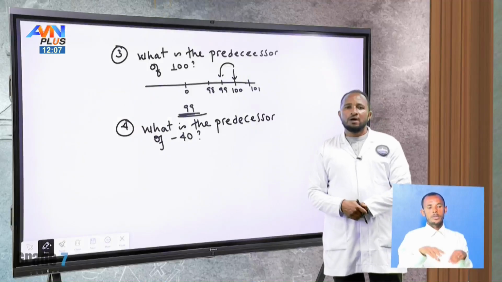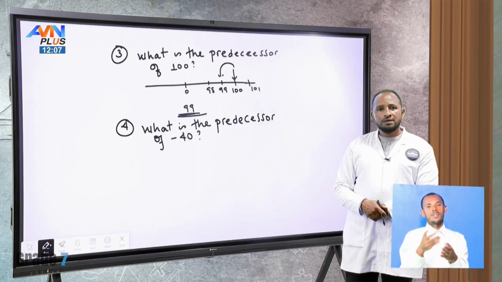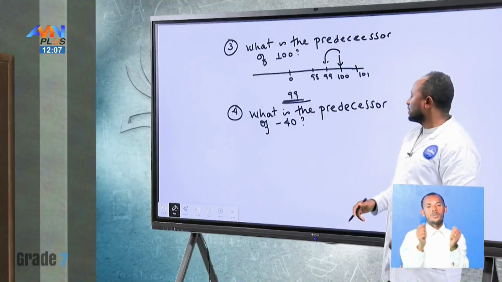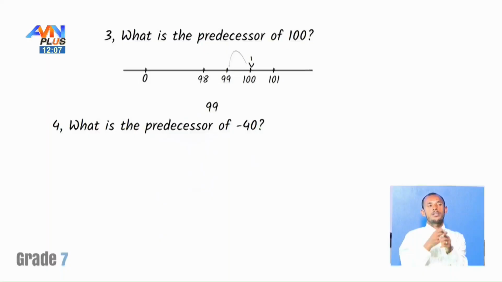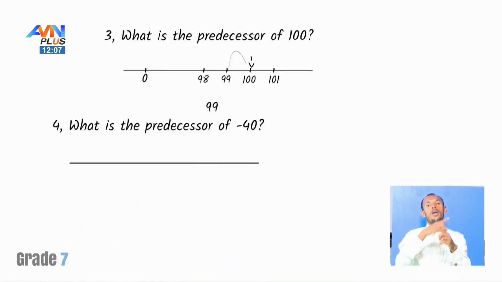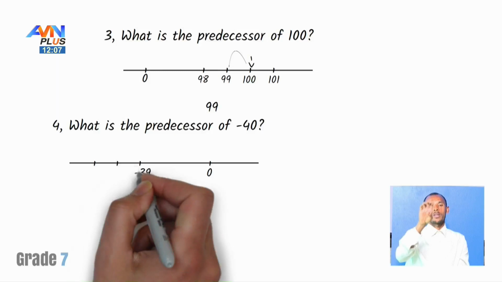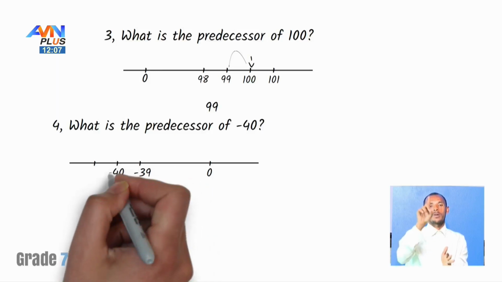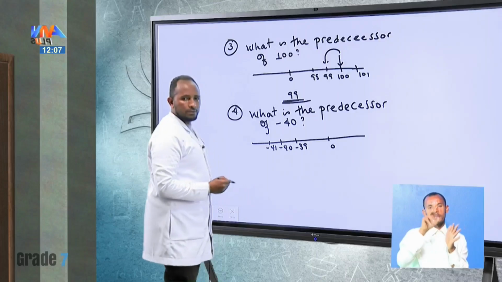Students, have you tried the question? Good. Let's see the answer together. So, to find the answer, let's draw a number line and try to locate this number. So assume 0 is here, -1, -2, and so on. You have -40, -41, -42, and so on. To the right, you have -39, and so on.